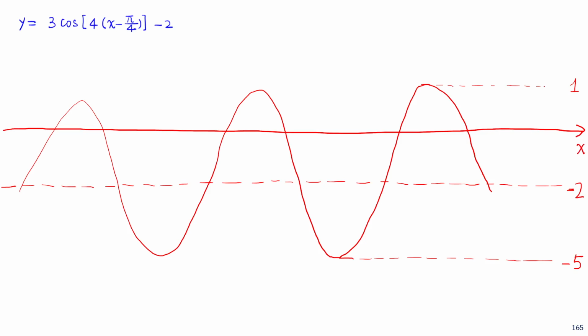Right? And then next we need to determine where the y-axis is. Note that we can try to find some anchor point to help us find the relative position of the y-axis. So for example, if x equals a quarter pi, then we know cosine of 4 times 0 is 1. So that gives us y equals 1, which is a maximum point.